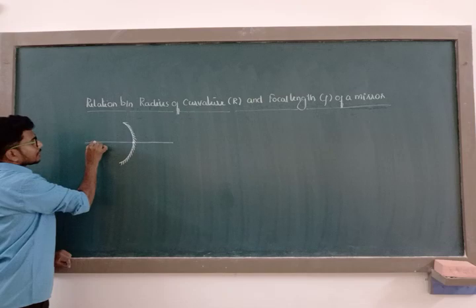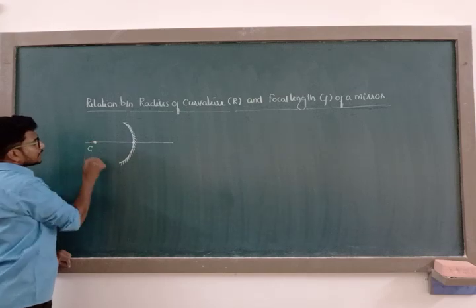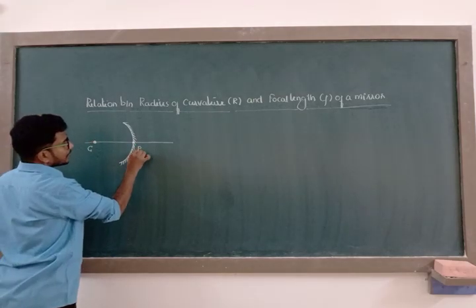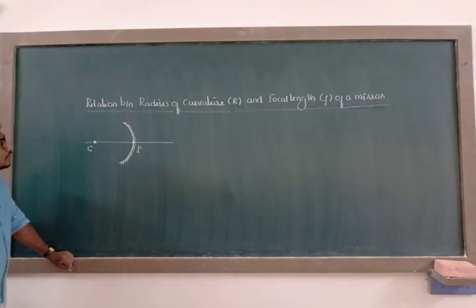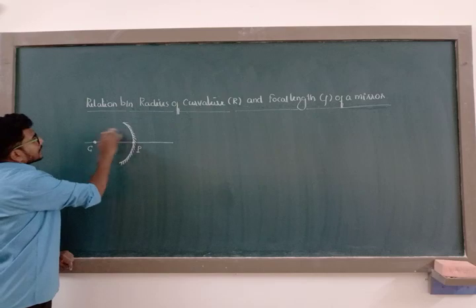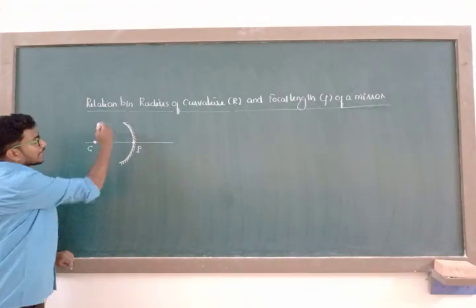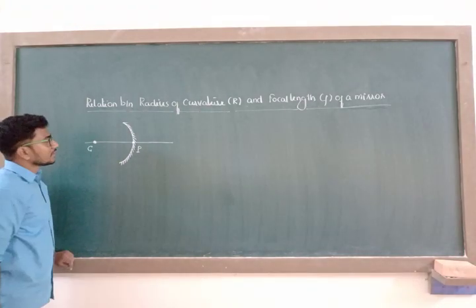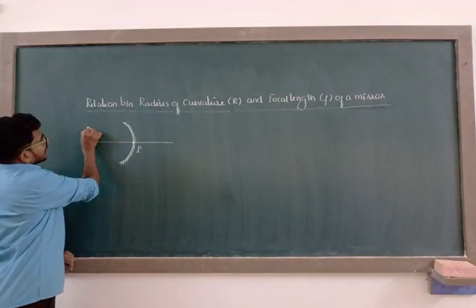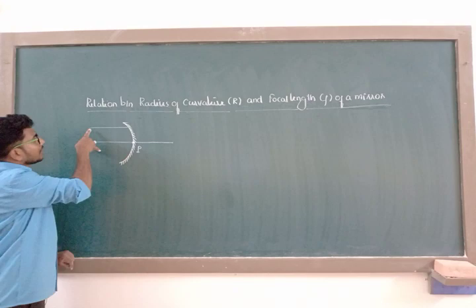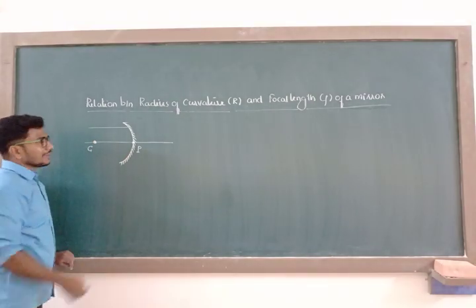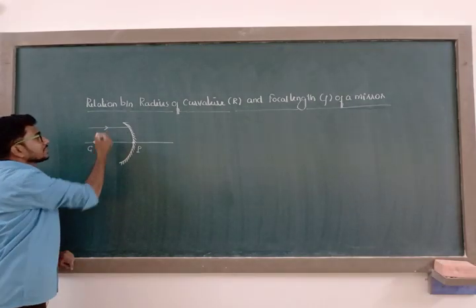This straight line is known as principal axis. Capital P represents pole. So let us consider a light ray which is parallel to the principal axis. Incident light ray parallel to the principal axis. Straight line represents path of light, arrow marker represents direction of light.